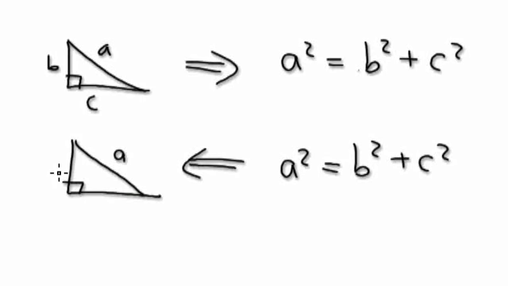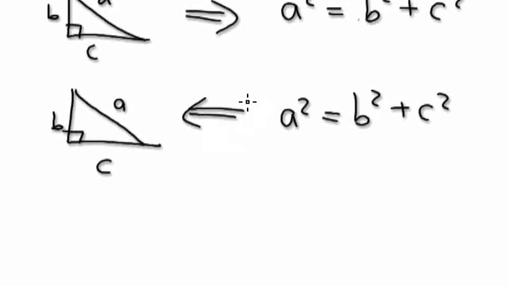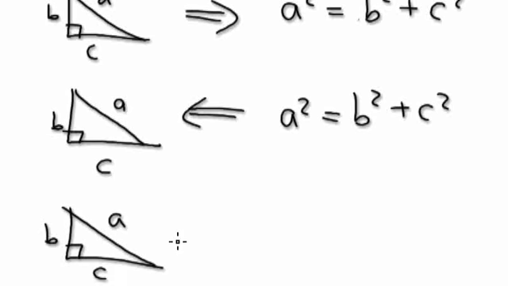But a better way of using this is to use a two-headed arrow here. So a better way of writing this would be this: a, b, c.